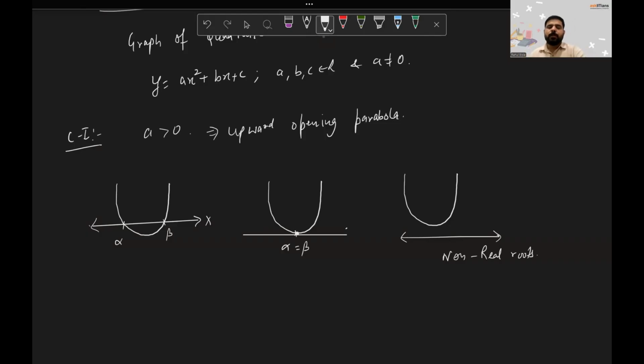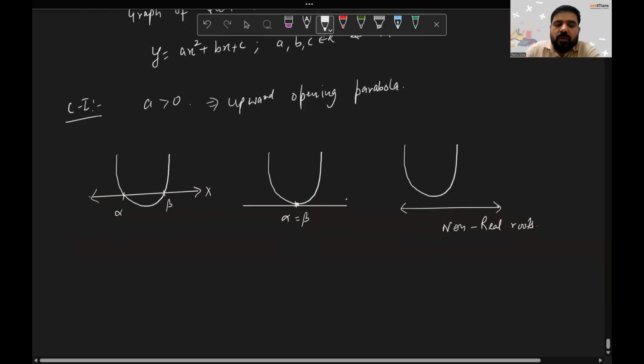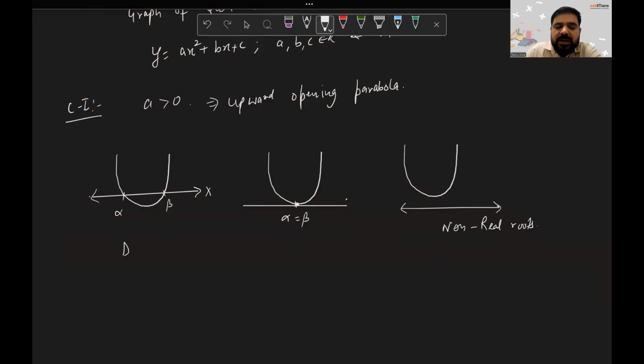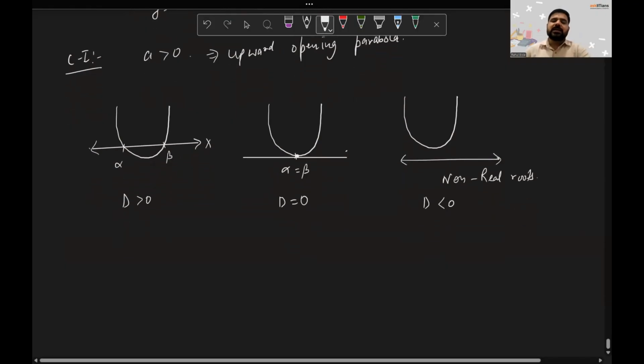So if a is greater than 0, this will be the case when D is greater than 0, this will be the case when D is equal to 0, and the third one is the case when the discriminant is negative and we get non-real roots.